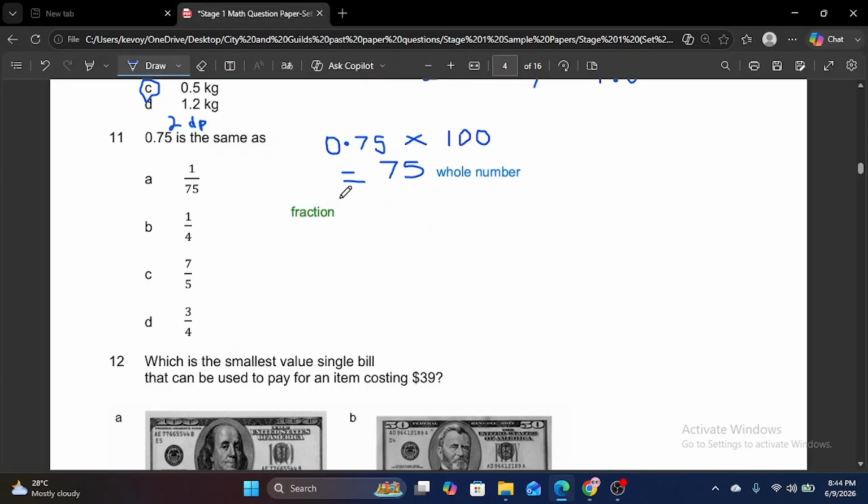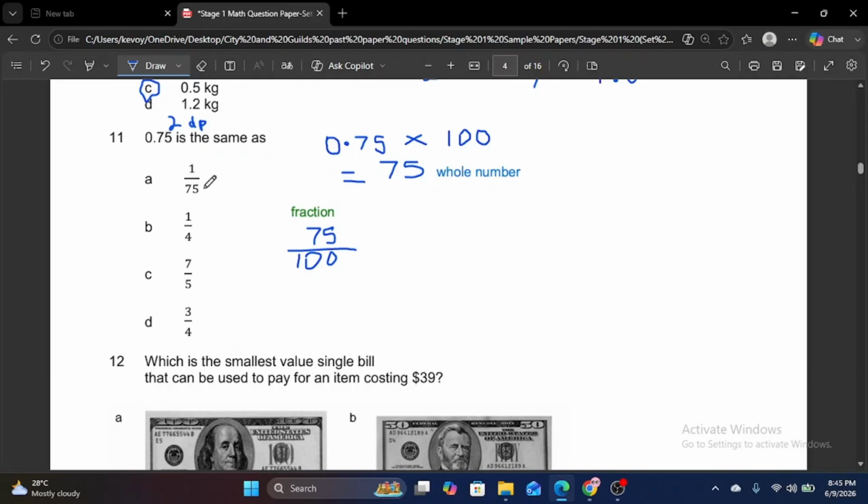I will have to put the whole number over the base 10 number that I multiplied by, because this will give me the same thing as the decimal number. So this decimal number as a fraction is 75 over 100.